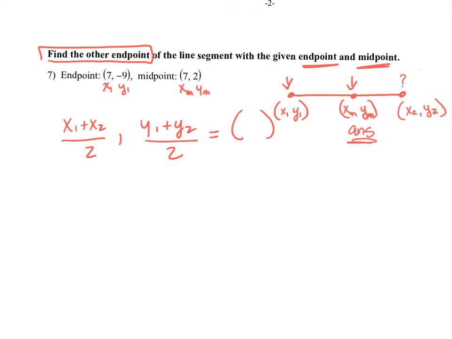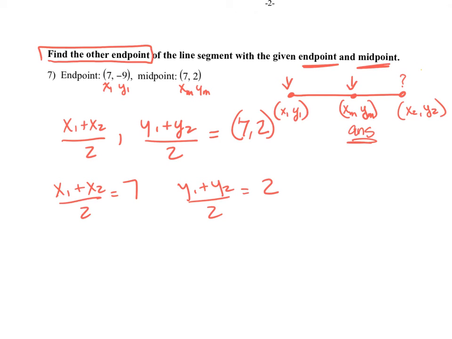Who's the midpoint? So this is going to equal 7, 2. Got it? That means that x1 plus x2 divided by 2 equals the x of the midpoint, and y1 plus y2 divided by 2 equals the y of the midpoint. Okay?